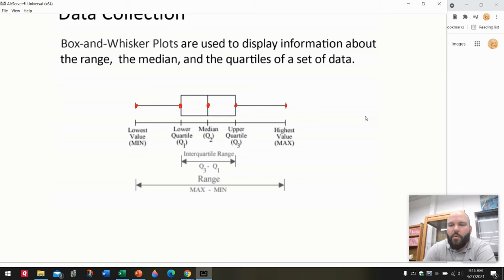Now, the first point and the last point that I showed you are pretty easy, and they are simply the minimum, in this case the smallest value of a set of data, and the biggest value of a set of data. As an example, you could have a set of data for all the ages of students in one of your lunch periods.